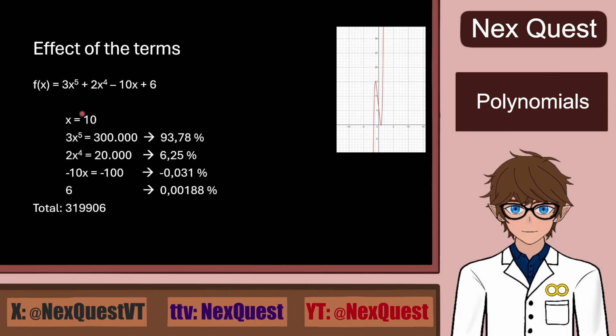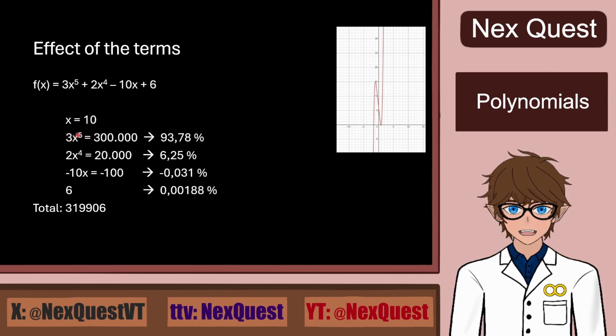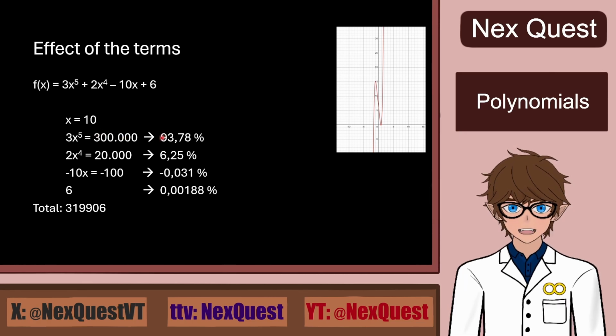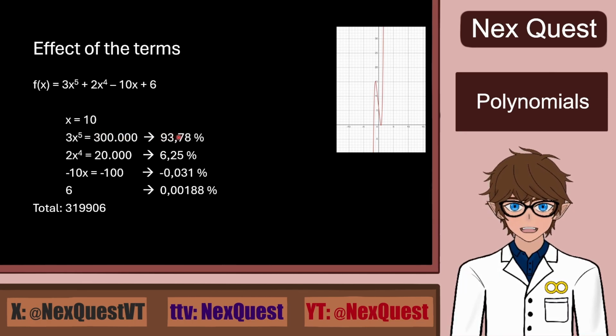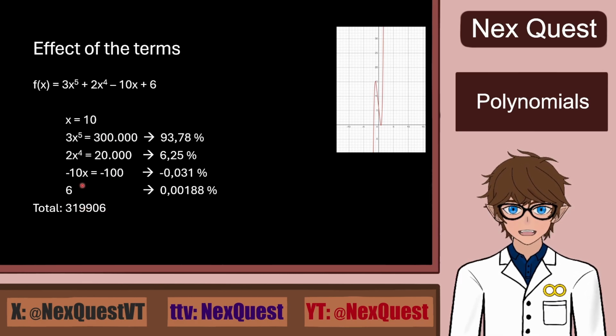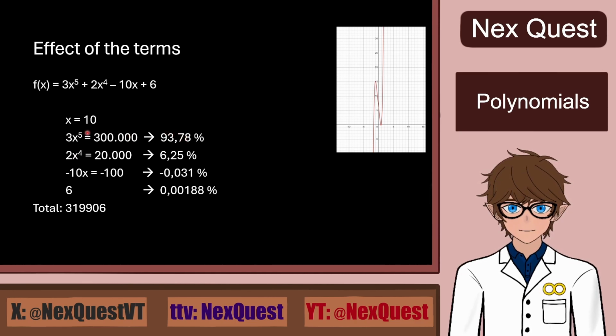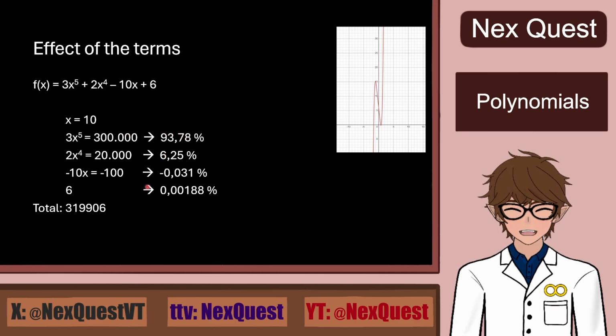We are at x is 10, so we multiply 3 times x to the power of 5, which is 300,000, and that corresponds to 93.78% of the y value, which is here. So this down here is the y value, which is the sum of each contribution. I calculated them: 93.78% for the leading term, 6.25% for the second, minus 0.031% for the third, and 0.00188% for the last.